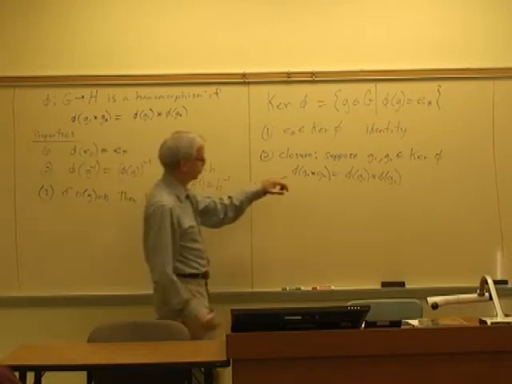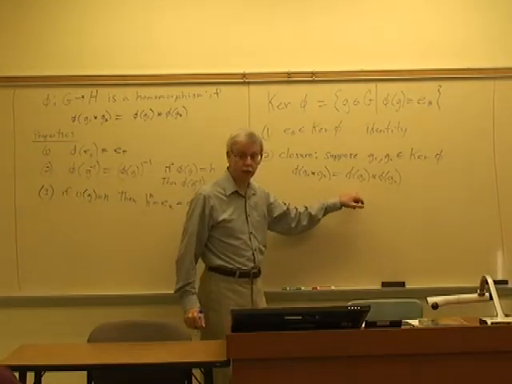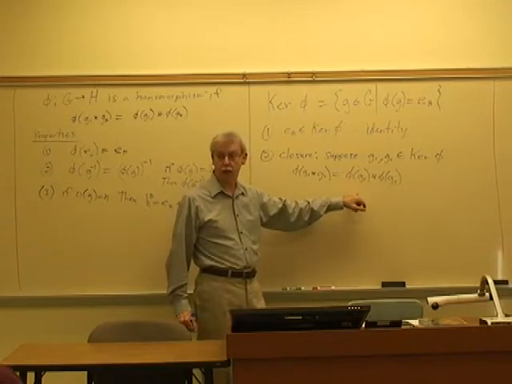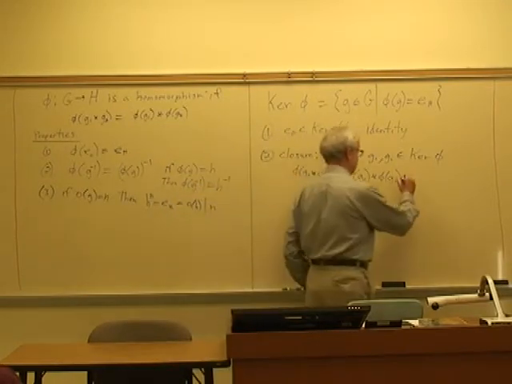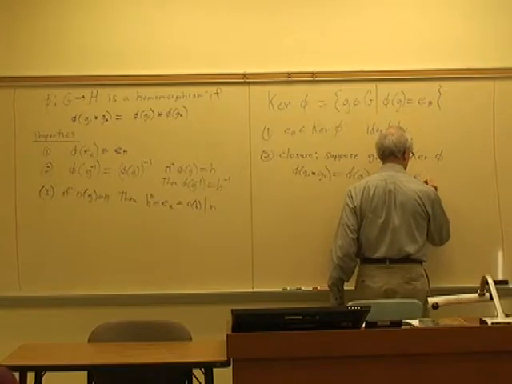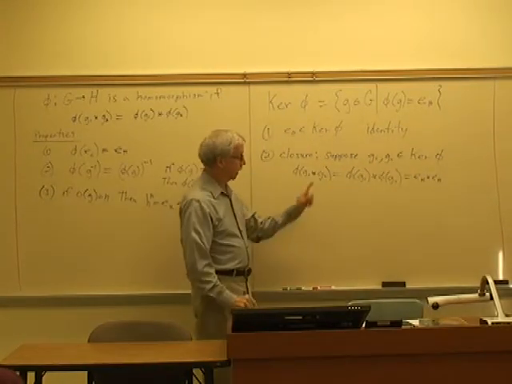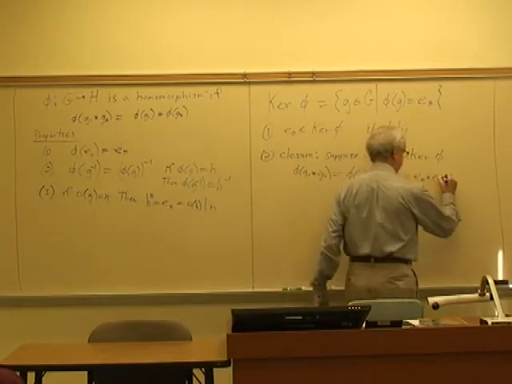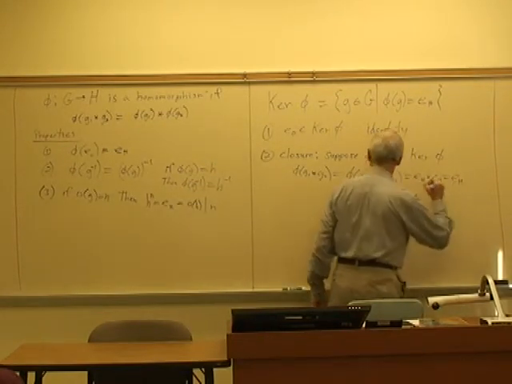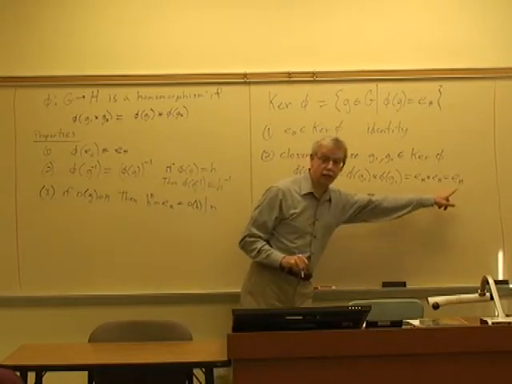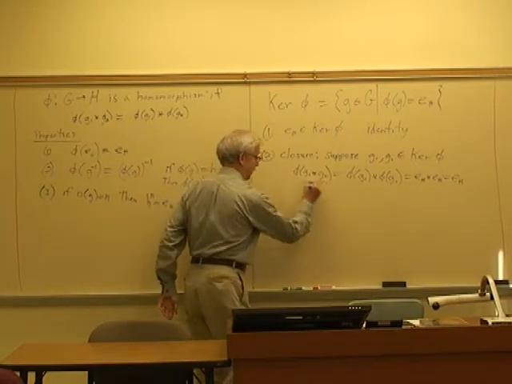Okay, but these two elements are in the kernel, so what are both of these results? The identity of H, right? The identity operated with the identity is, of course, the identity. But what does that mean if phi of this product is the identity? What can we say about this element?